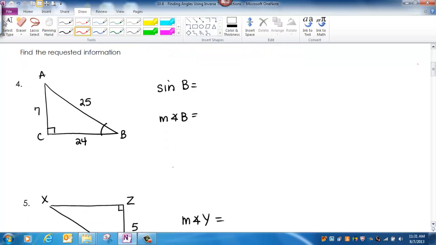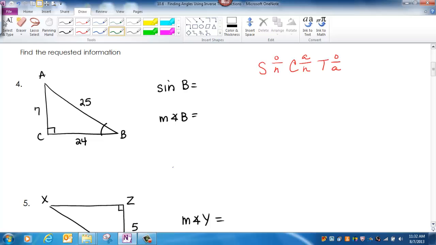Okay, number 4, find the requested information. Let me go ahead and put SOHCAHTOA on the screen here so we have this to refer to. Okay, so number 4, the first thing it asks for is sine of B. It's not asking for an angle here, it's just asking what is the sine ratio of angle B. That goes back to one of the first days that we started practicing this chapter.